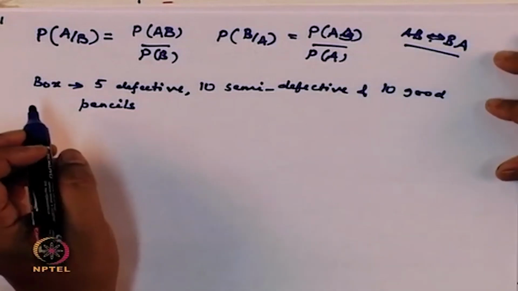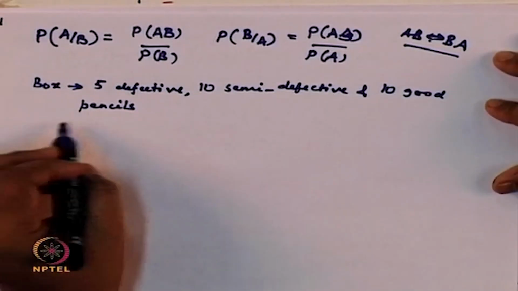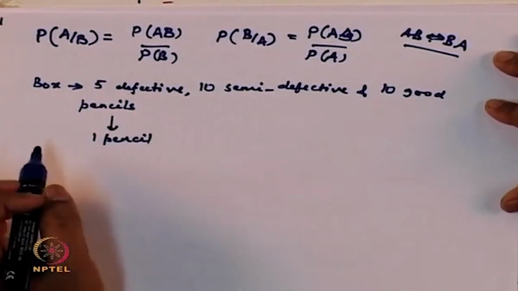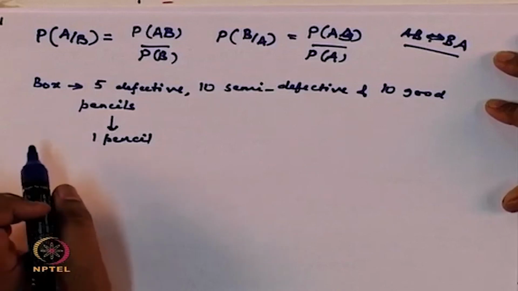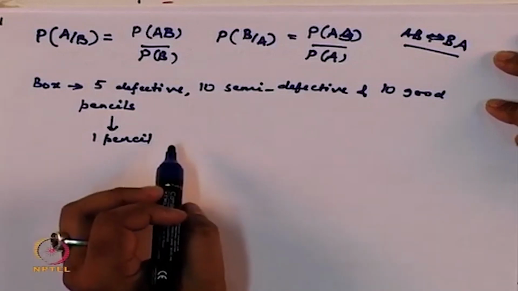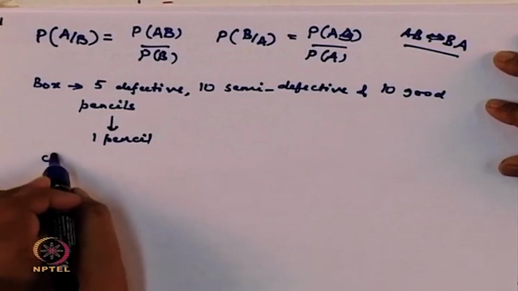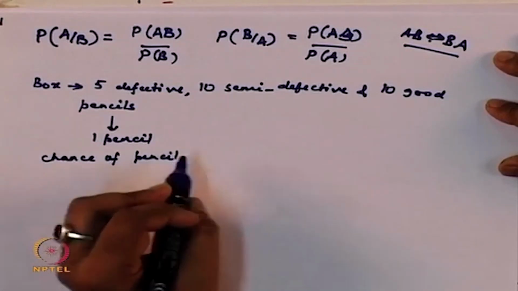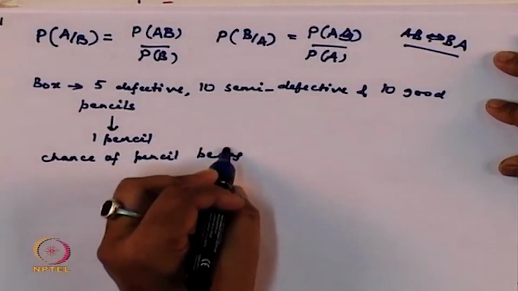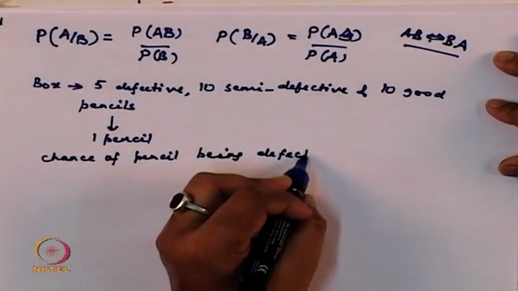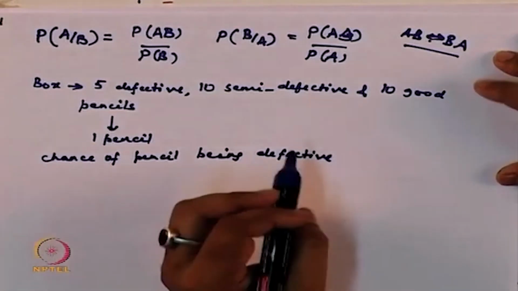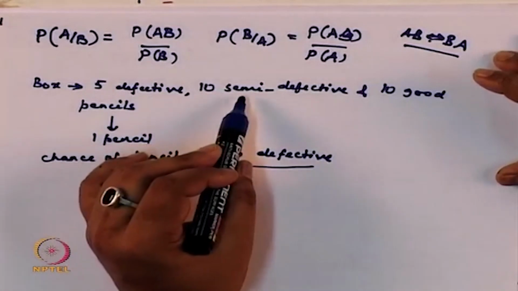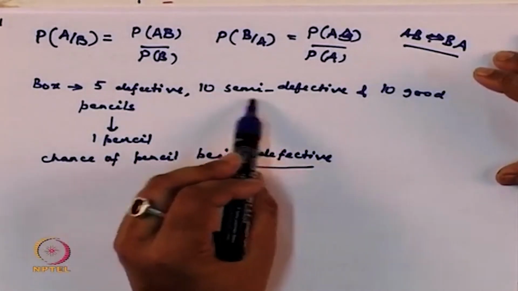Now, let us say you have taken up one pencil from this box, and you ask, what is the chance of the pencil being defective? Being defective would include both of them, because eventually this one will also fail.